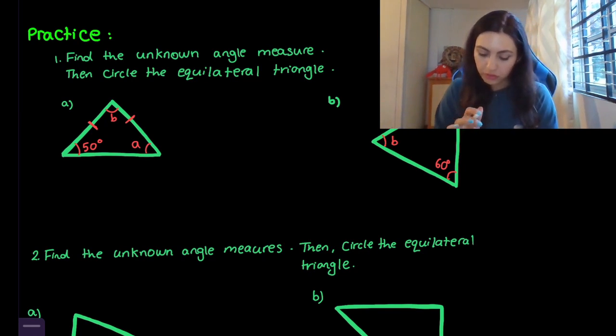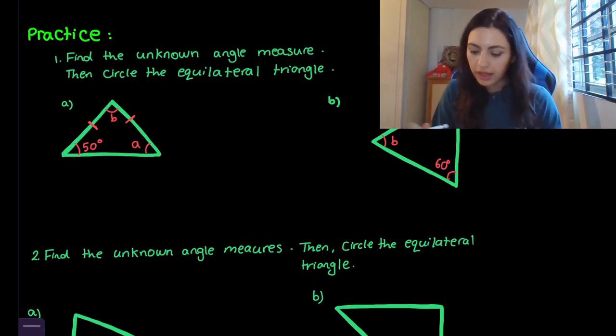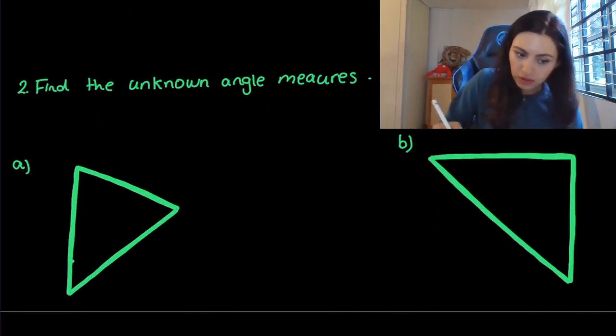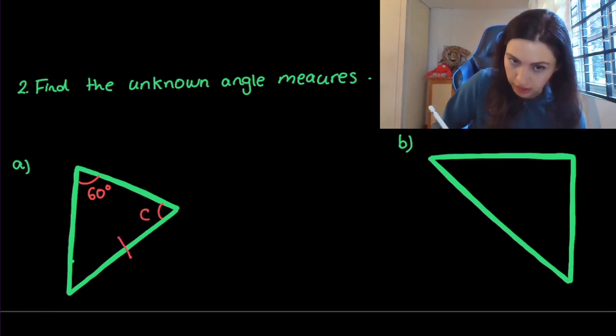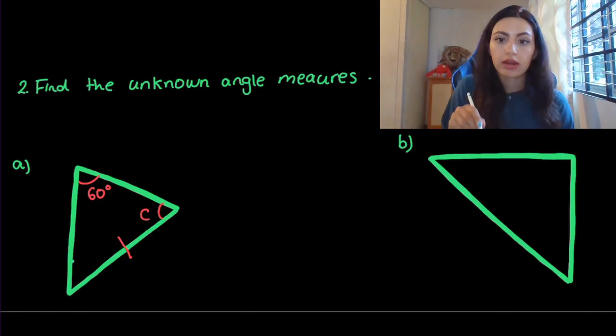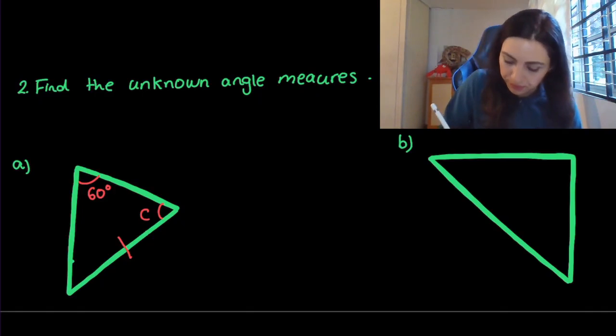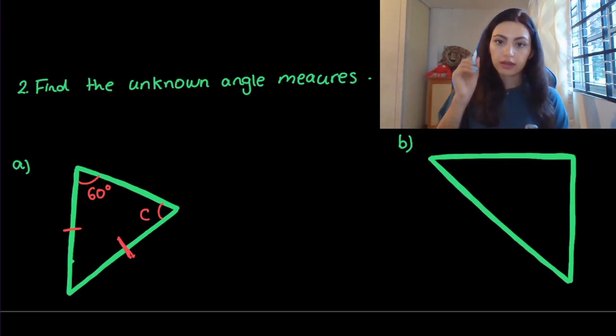Okay. Number 2, find the unknown angle measures, then circle the equilateral triangle. In this question, you have to do the same thing. So this one we have 60 degrees. This is angle C. I'm writing the information that is given in the question. This one is the same as this one. The line on the side means these two sides are the same.